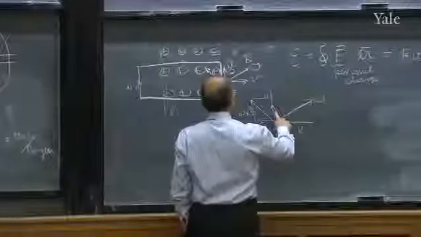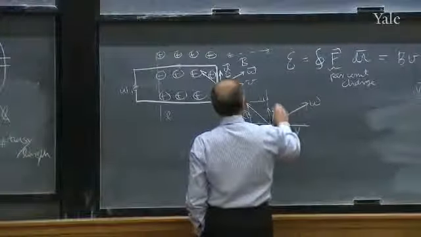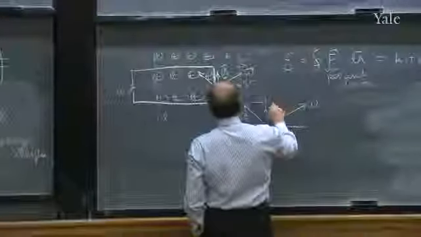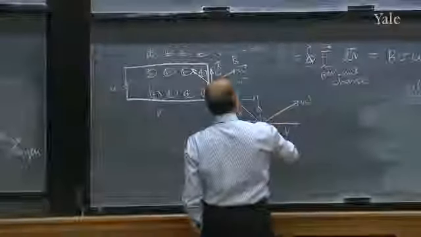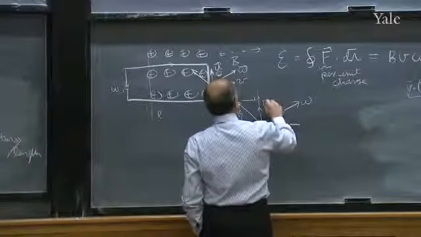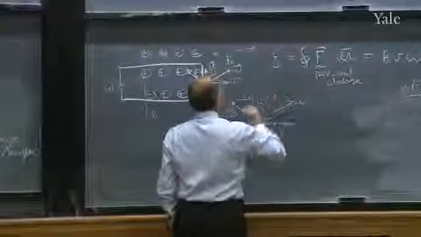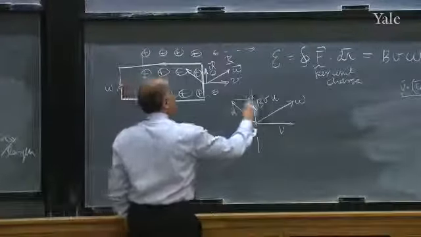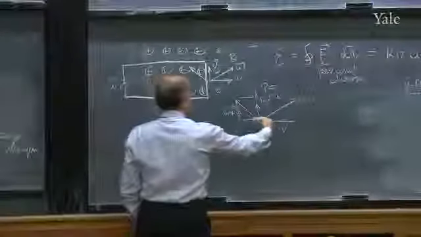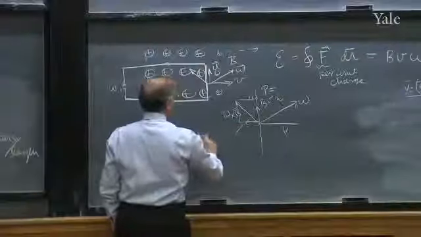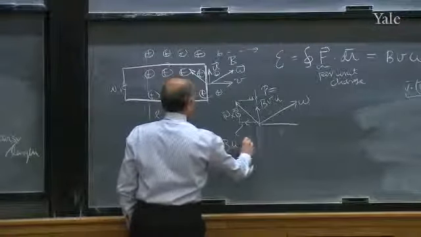The force here is B times V, and the power is that times U. Power is BVU due to this portion. But in this side, if you ask what's the power delivered by that component, it is B times U times V, but with a minus sign.